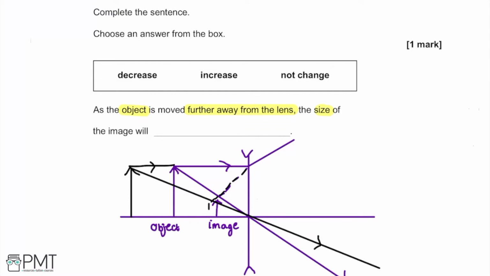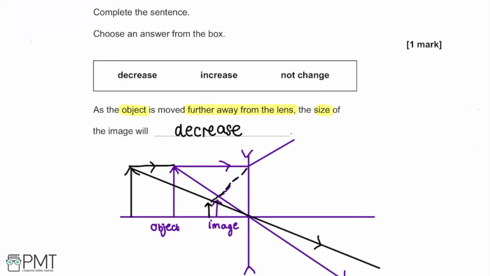It's a bit difficult to see, but the image is going to be here. And you can see that this image, the black arrow here, which is the image when the object is further away from the lens, is shorter than this arrow here when the object's closer to the lens. So when you move the object further away from the lens, the size of the image is going to decrease.